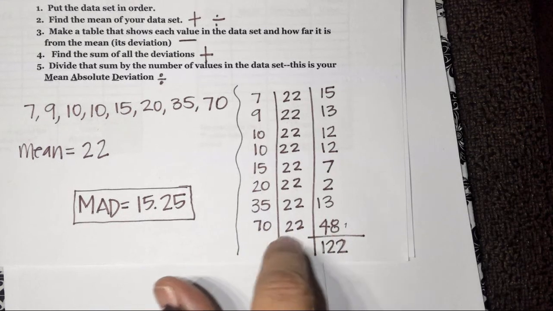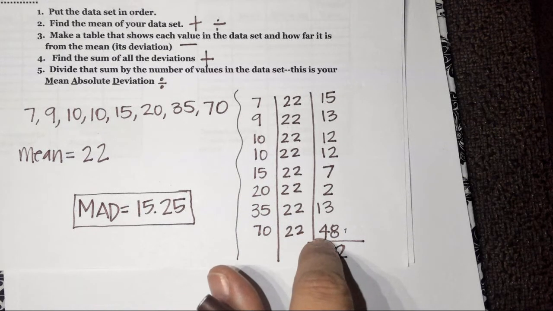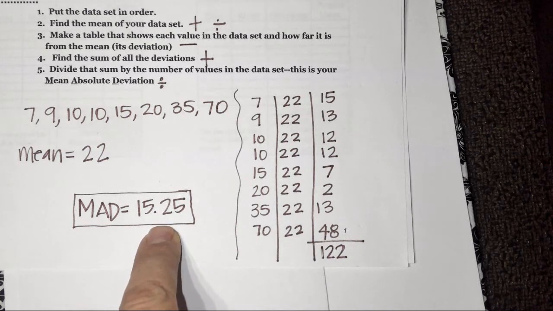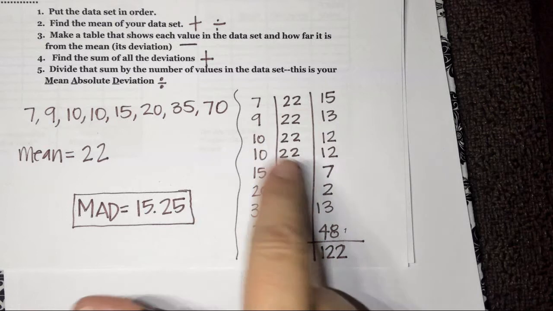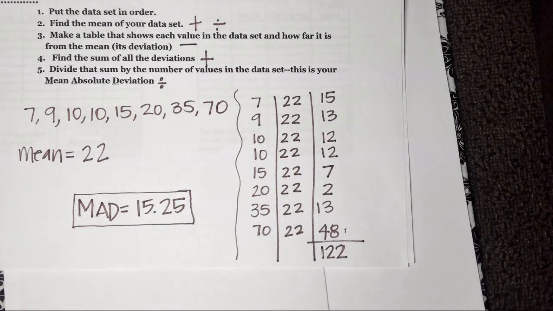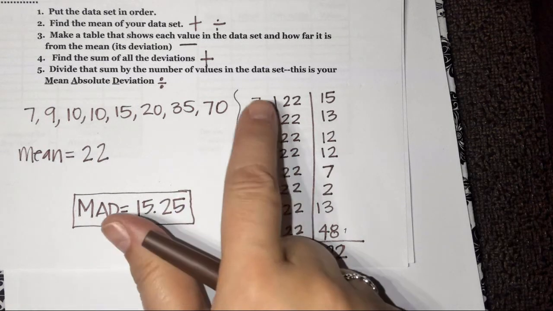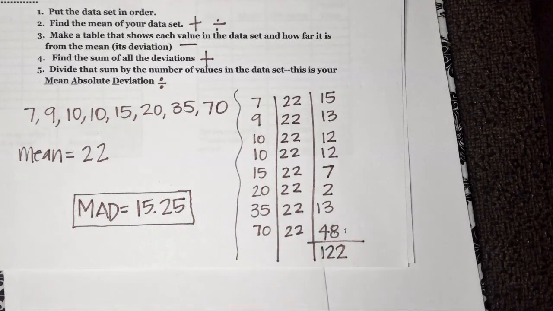This is your outlier. With an outlier, this is 3 times more than my mean absolute deviation. That means it is definitely an outlier. It does not fit with the rest of my data set. Everything else is remotely close to 15.25. So again, this is the average distance each of these numbers is from your average.